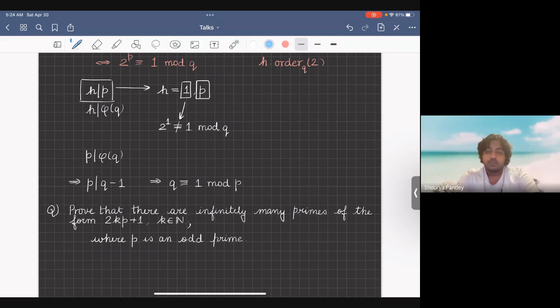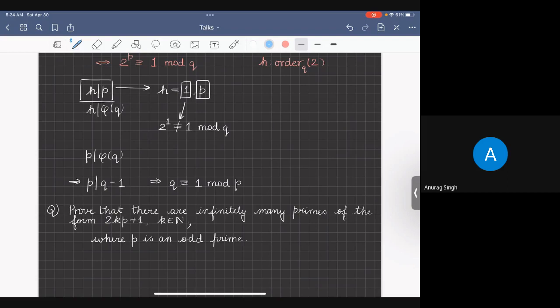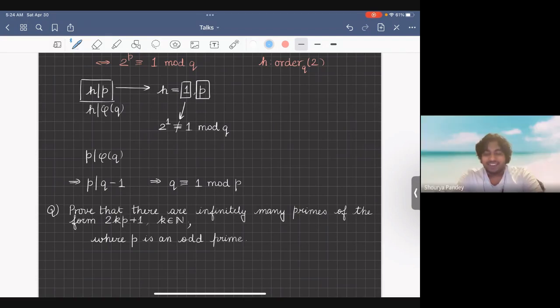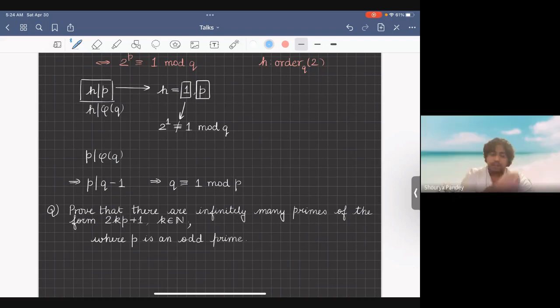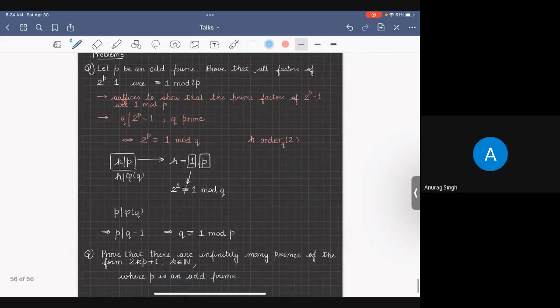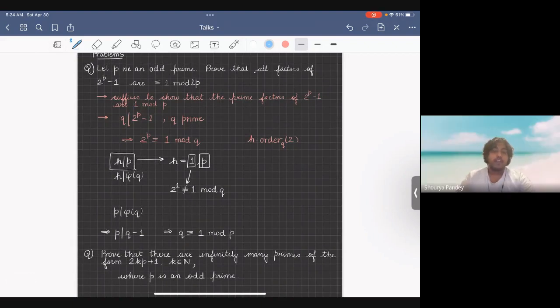I think we should involve the previous question in this one. Yes, exactly. We can choose the prime factors of 2 to the p minus 1. But these are only finite in number.